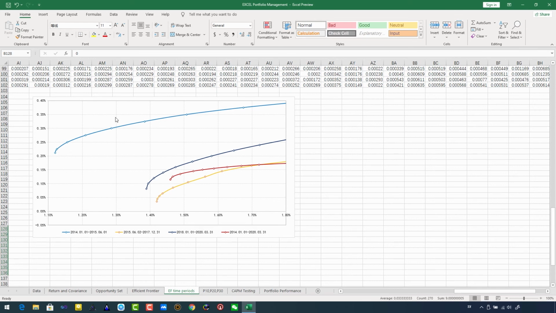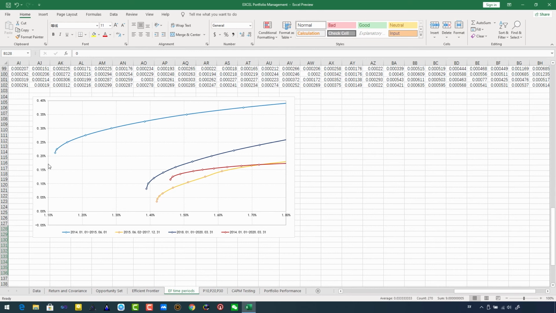Let's have a look at this light blue one. That's the time period for subperiod 1, 2014 to the first half of 2015. For this light blue efficient frontier, when we compare with the others, we know it's definitely quite good. We have the higher expected return but the lowest risk.